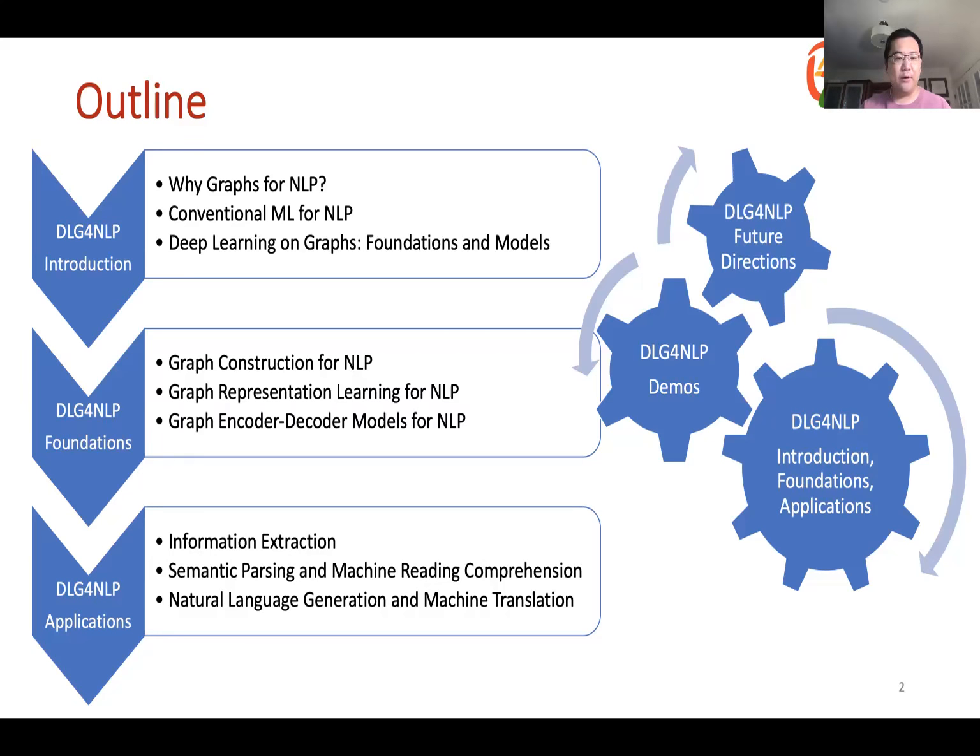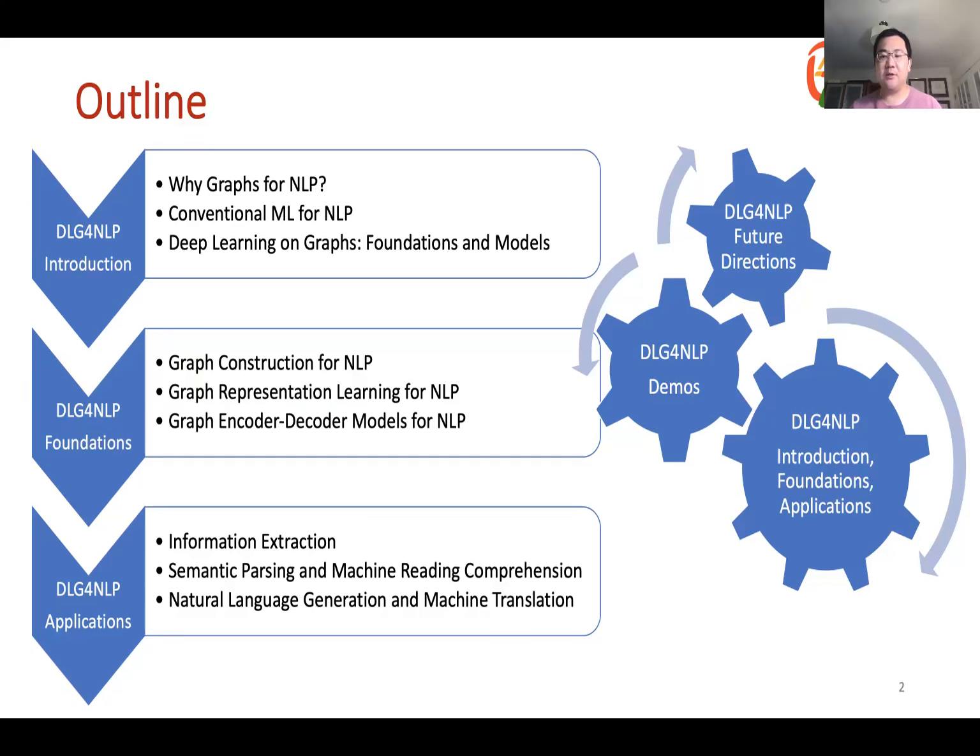And finally, we will select 5 representative sub-areas of NLP, including information extraction, semantic parsing, machine reading comprehension, natural language generation, and machine translation. We will illustrate how, in the different application domains, people leverage the various graph neural nets for NLP tasks.